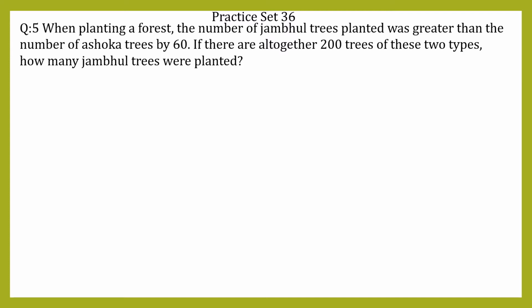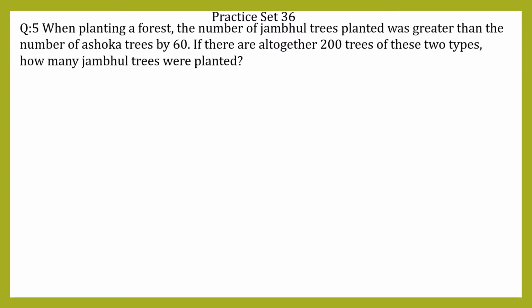Now, dear children, in a forest, two types of trees, that is jambal trees and Ashoka trees, were planted. Their number is given in the form of an algebraic expression, and it's also given that the total number of trees planted was 200. We have to find out the number of jambal trees.